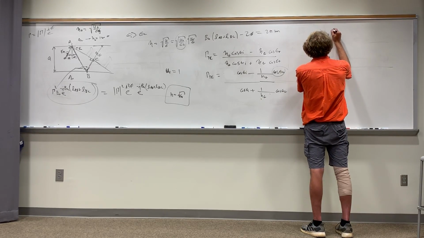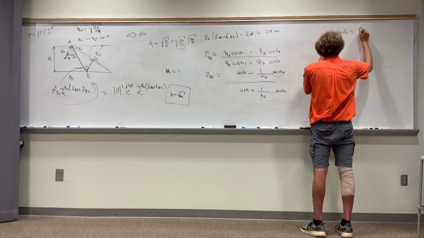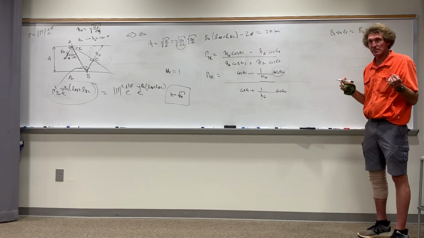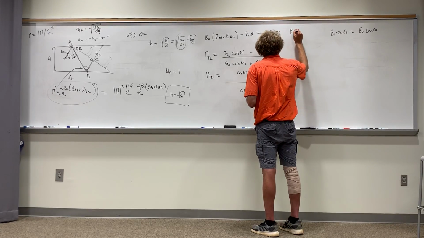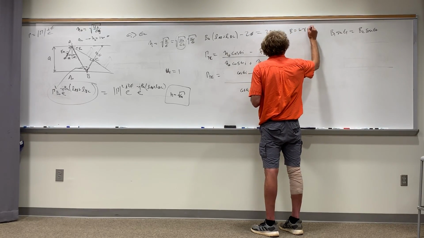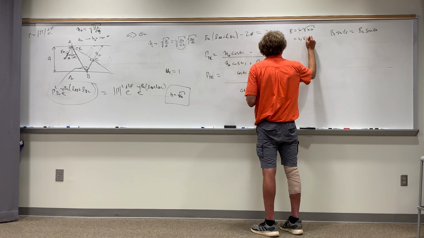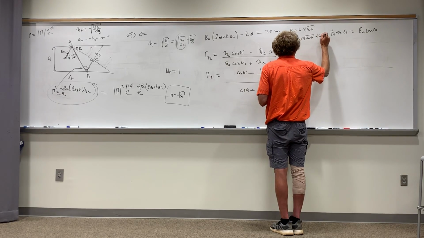Snell's law says beta 1 times sine of theta incidence equals beta 2 times sine of theta transmitted. That's the general form, isn't it? And we know beta in general is equal to omega times square root of mu epsilon, which is equal to omega times square root of mu naught epsilon naught times the square root of epsilon relative mu relative.